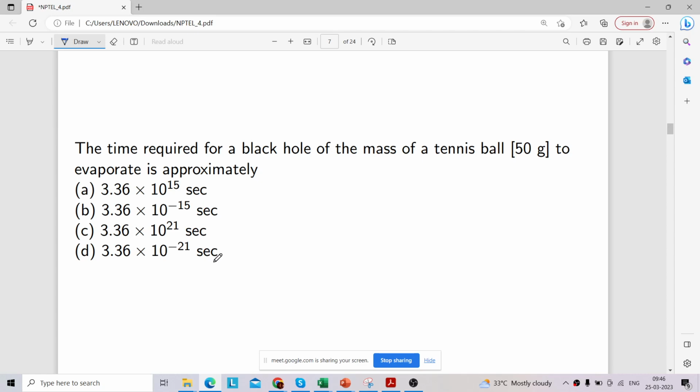So the question is, the time required for a black hole of the mass of a tennis ball to evaporate, approximately. So what we showed is that black holes radiate through Hawking radiation.